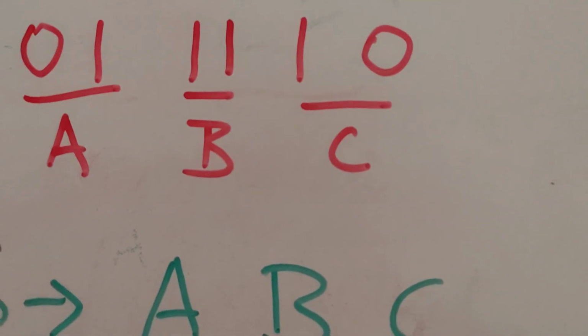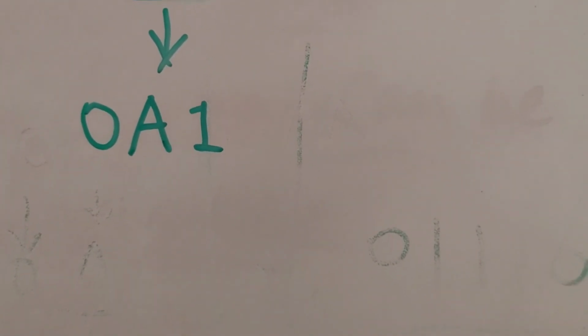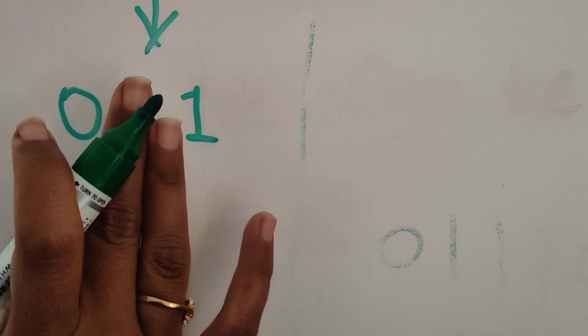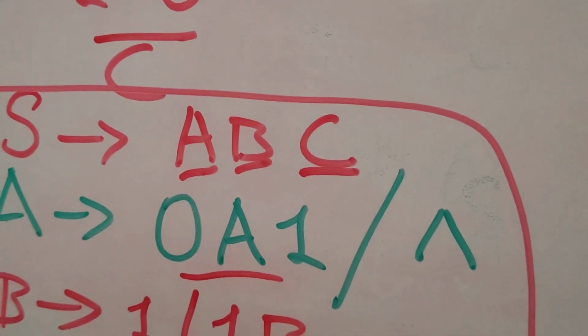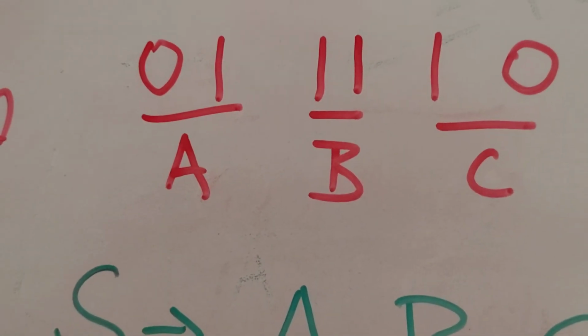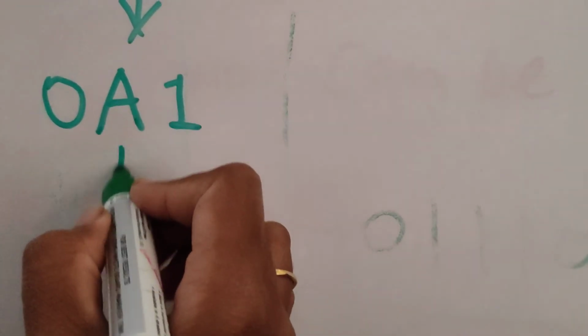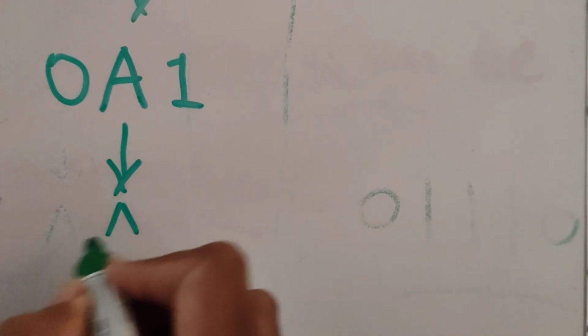Now I want 0 1 only one time. So I got 0 A 1. Now if I derive A again, then I can get 0 1 one more time. But here for A, I just want 0 1 one time only. So here A has to be null.